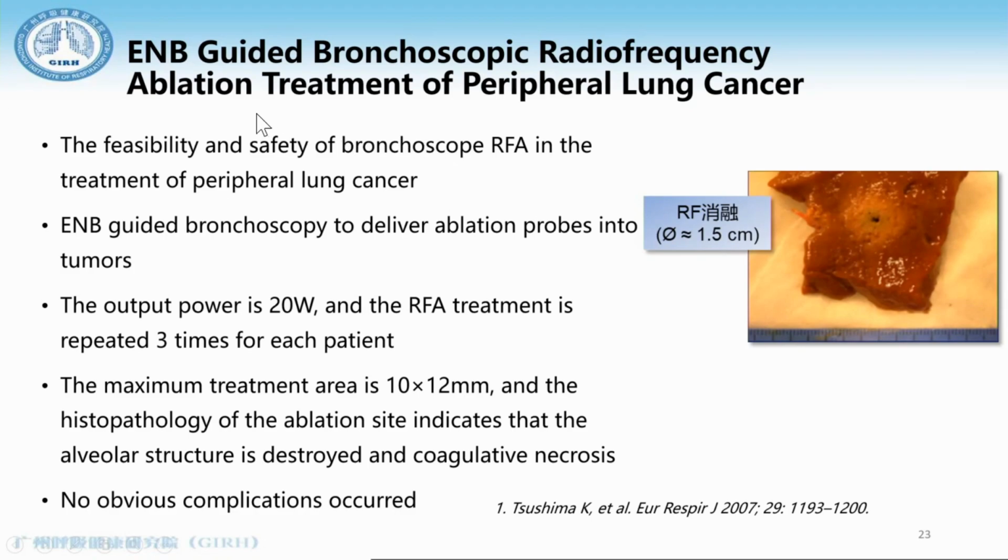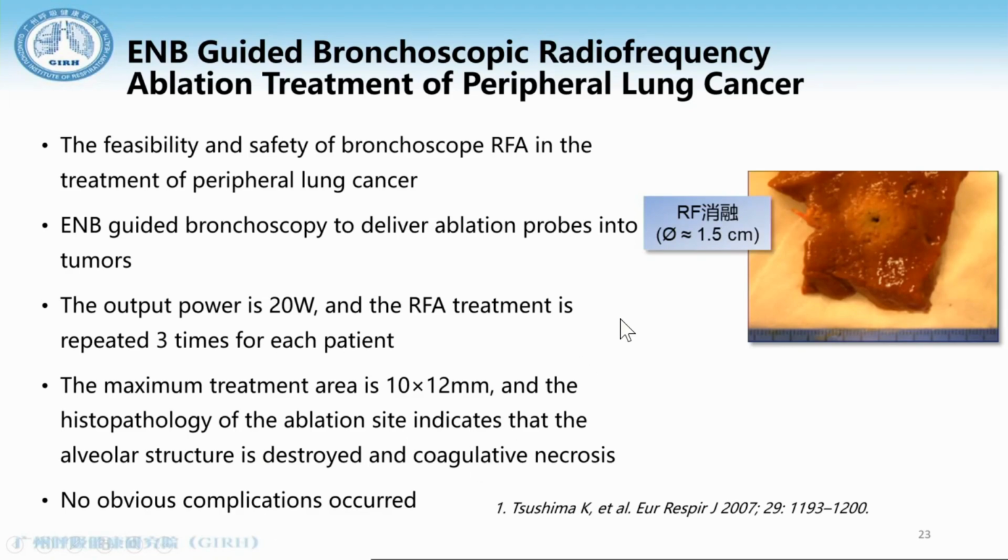It shows that under EMN guidance through the bronchoscope, radio frequency with an output power of 20 watts, applied 3 times for each patient, produced a lesion diameter of about 1.5 centimeters. The study also showed no obvious complications.